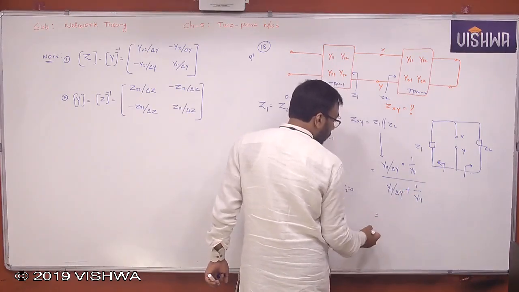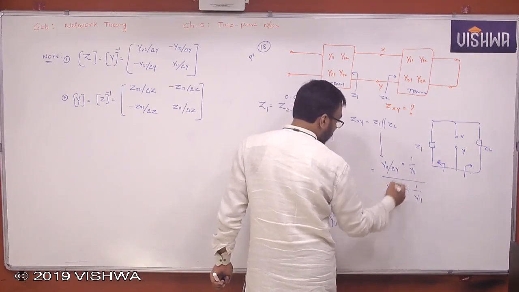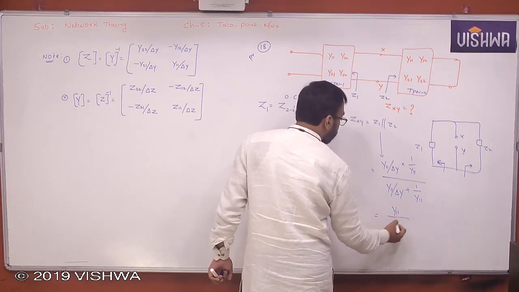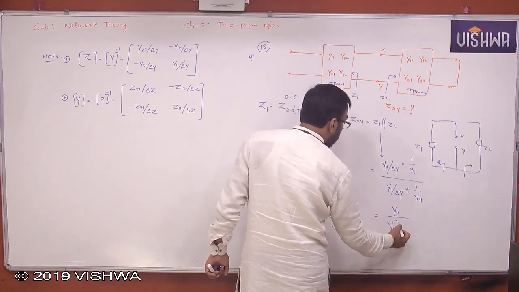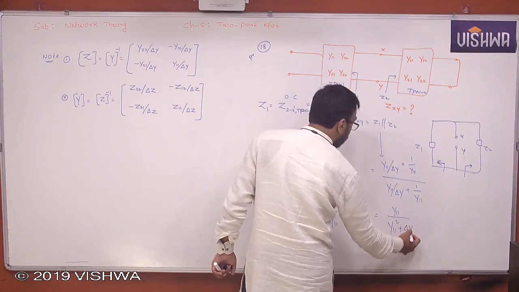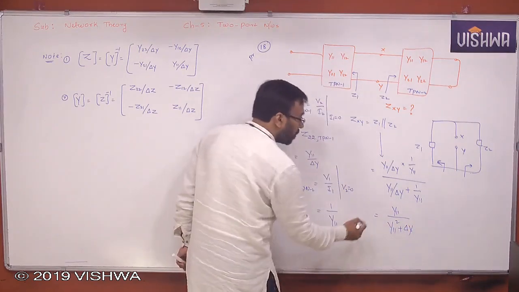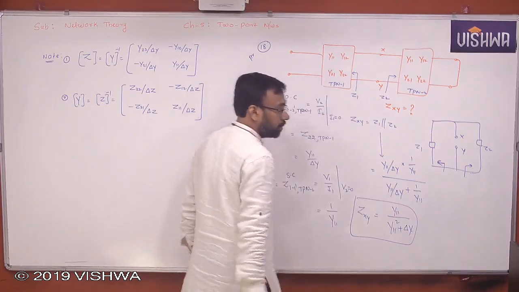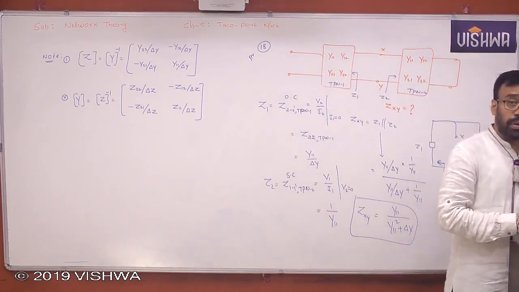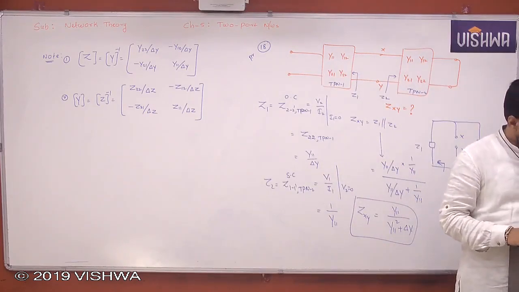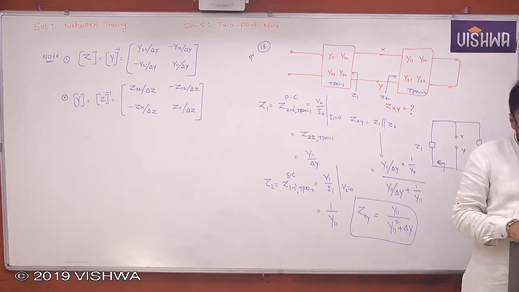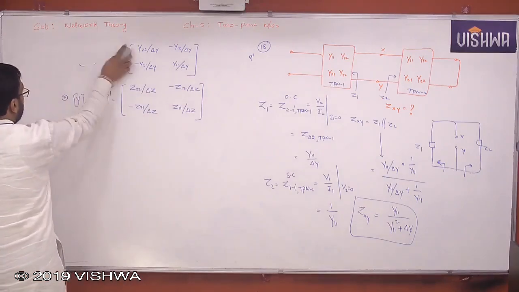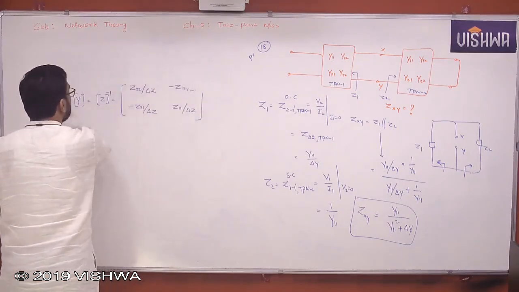Now these two get cancelled, and finally you get Y11 by Y11 square plus del Y. Okay, this is ZXY. Please note down. I remove this part. You already know these formulas. I think you have noted down.